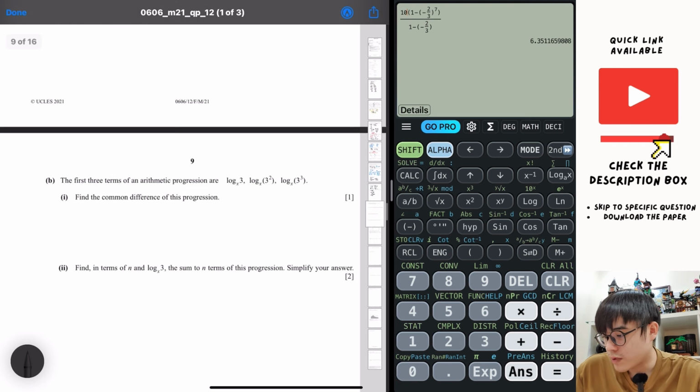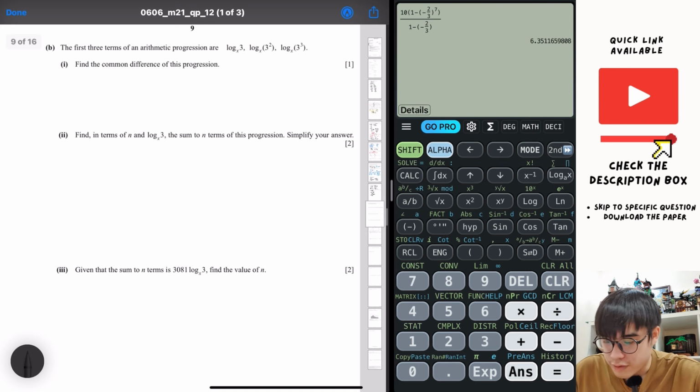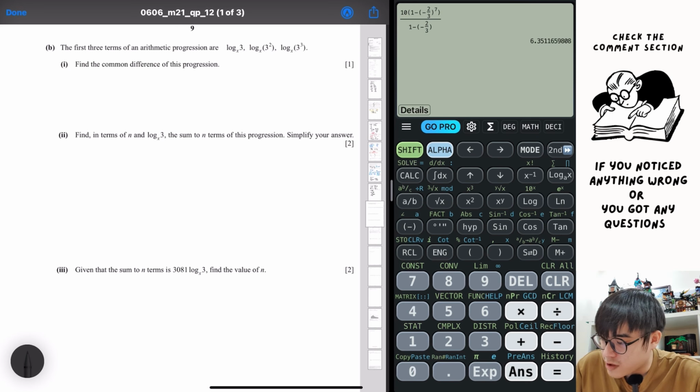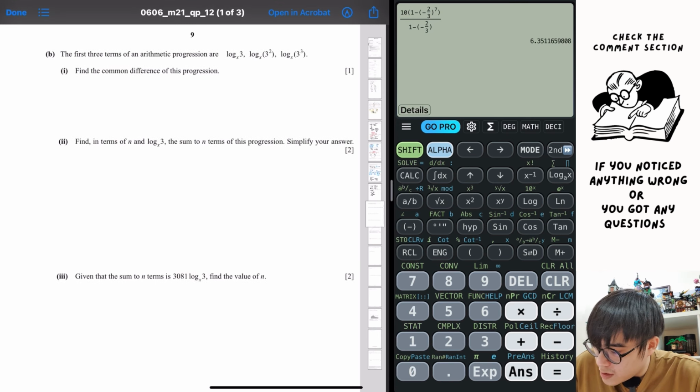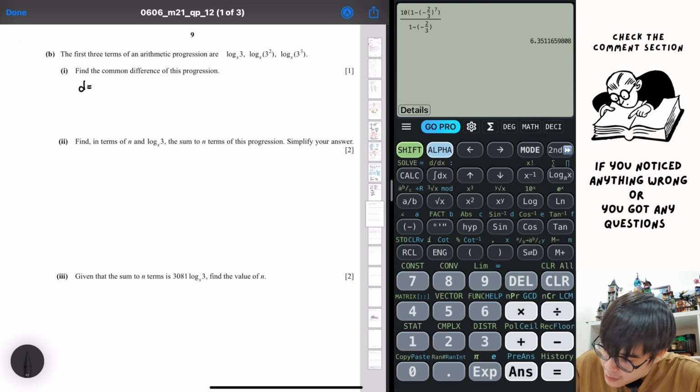So moving on, we have our B with a logarithm. Okay, interesting. To get it done, they ask us to find the common difference of this progression. So the common difference here will be by taking d equals u2 minus u1.